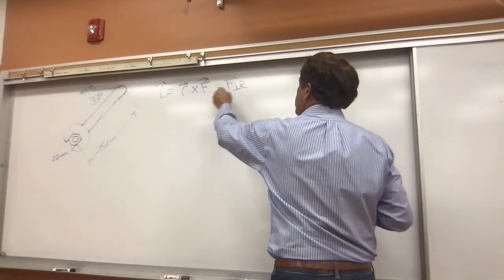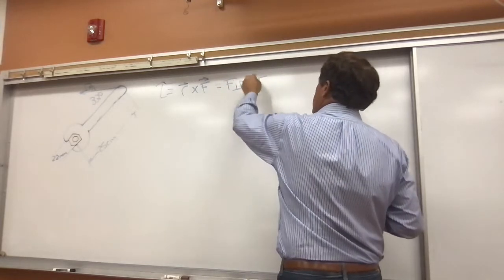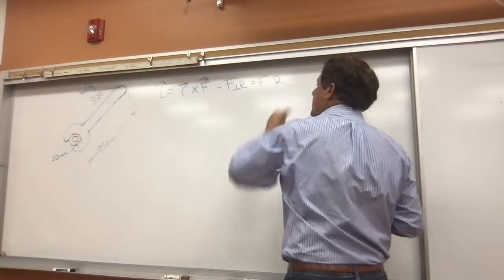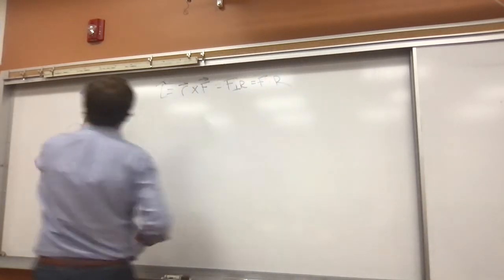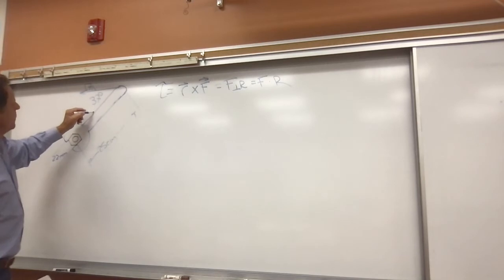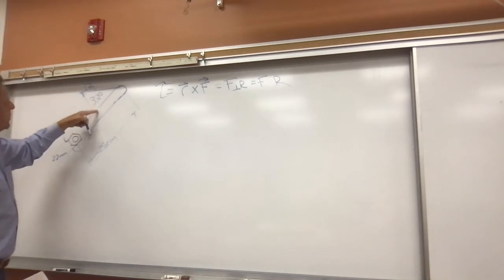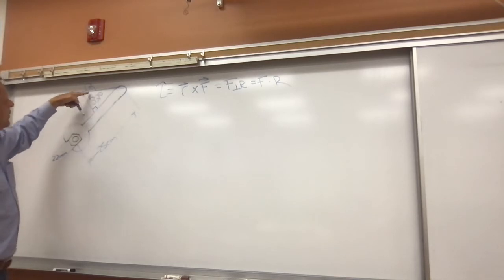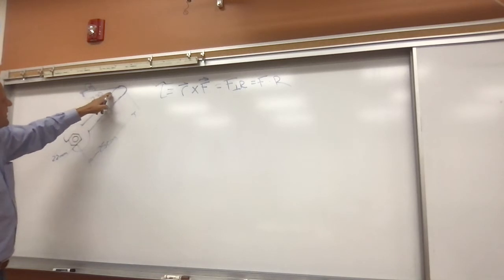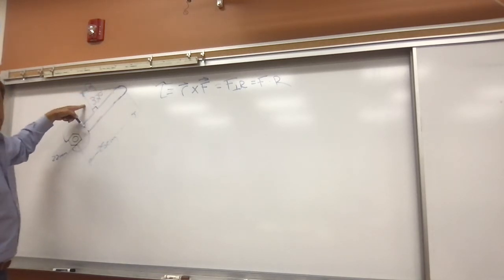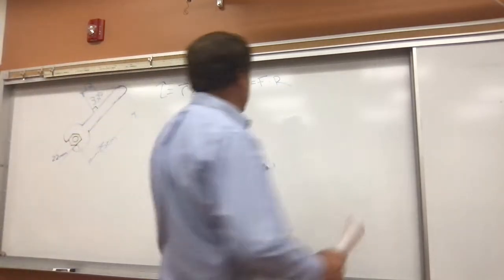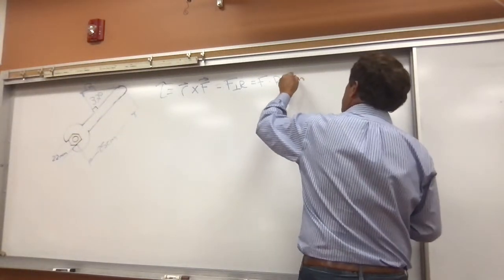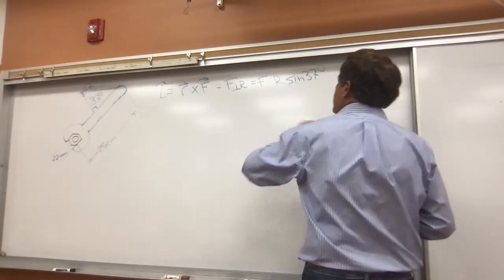It's force times the perpendicular radius. Now, if we look at this angle, we want the one that is perpendicular to that. So it's going to be this side. If this is 37, we want the opposite side.